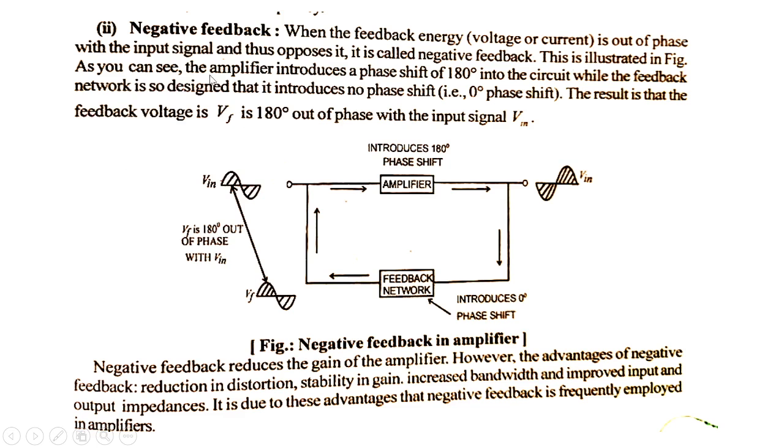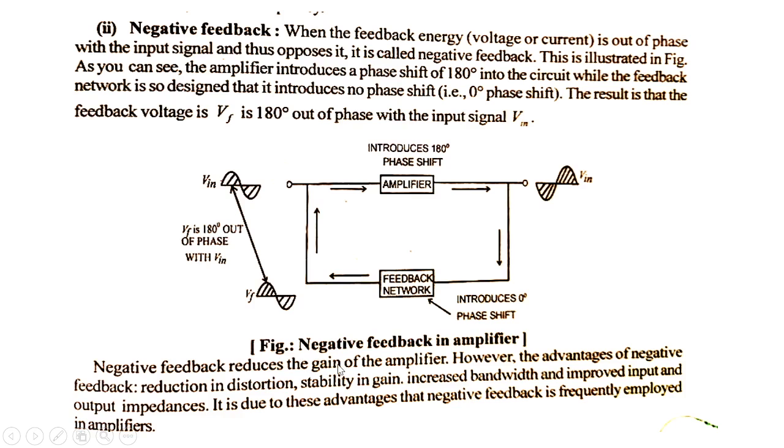As you can see, the amplifier introduces a phase shift of 180 degrees into the circuit, while the feedback network is so designed that it introduces no phase shift, that is 0 degree phase shift. The result is that the feedback voltage Vf is 180 degrees out of phase with the input signal Vin.